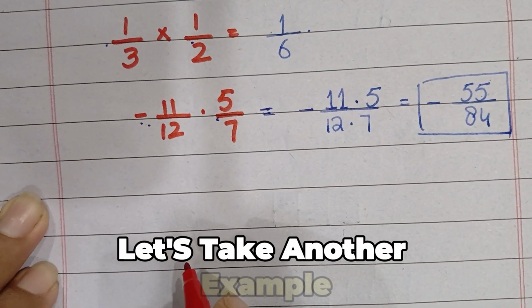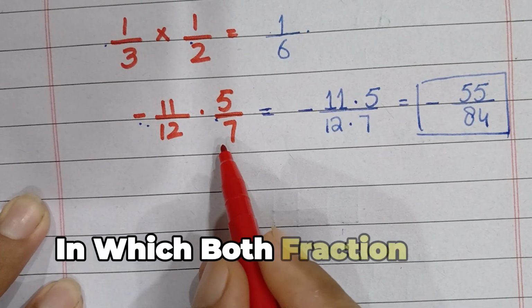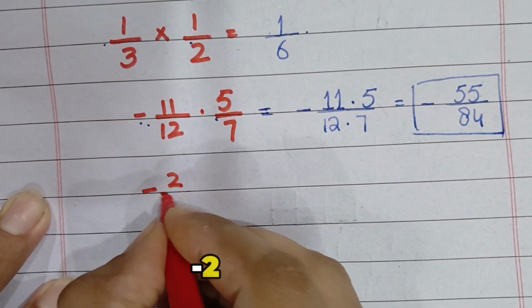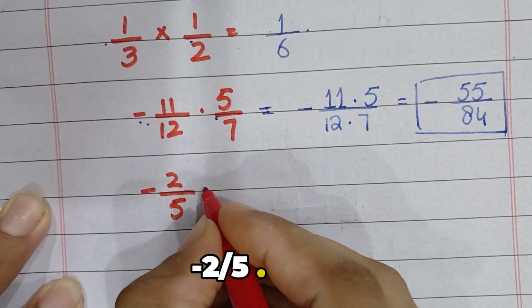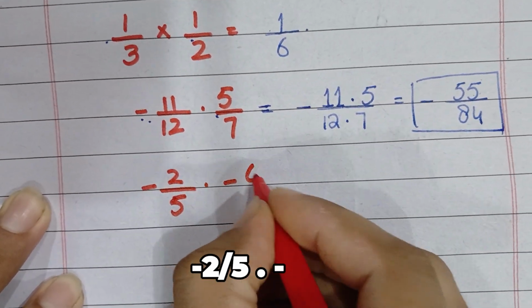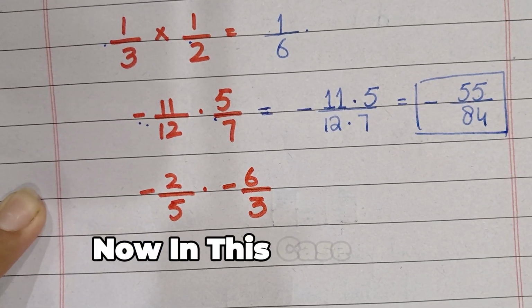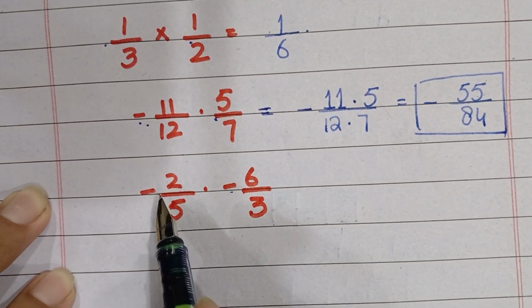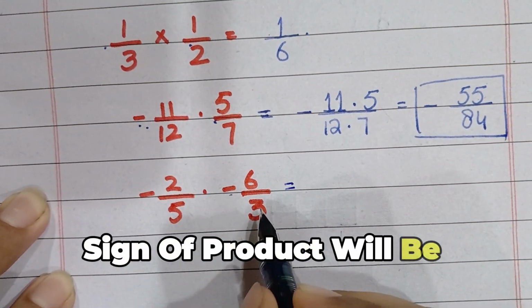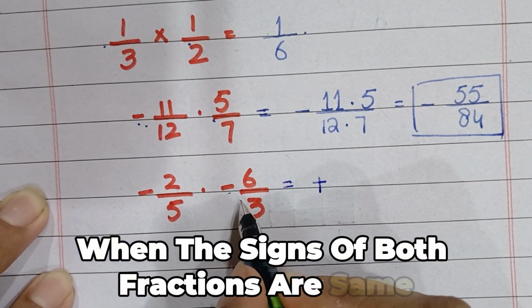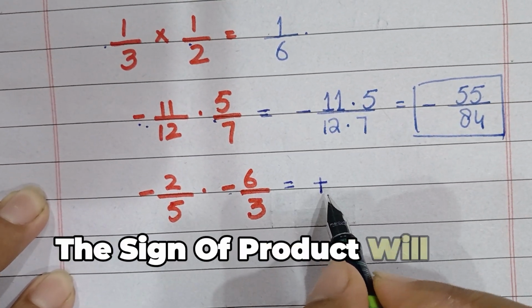Let's take another example in which both fractions are negative. Minus 2/5 multiplying minus 6/3. In this case both fractions are negative, so the sign of the product will be positive. When the signs of both fractions are the same, the sign of the product will be positive.